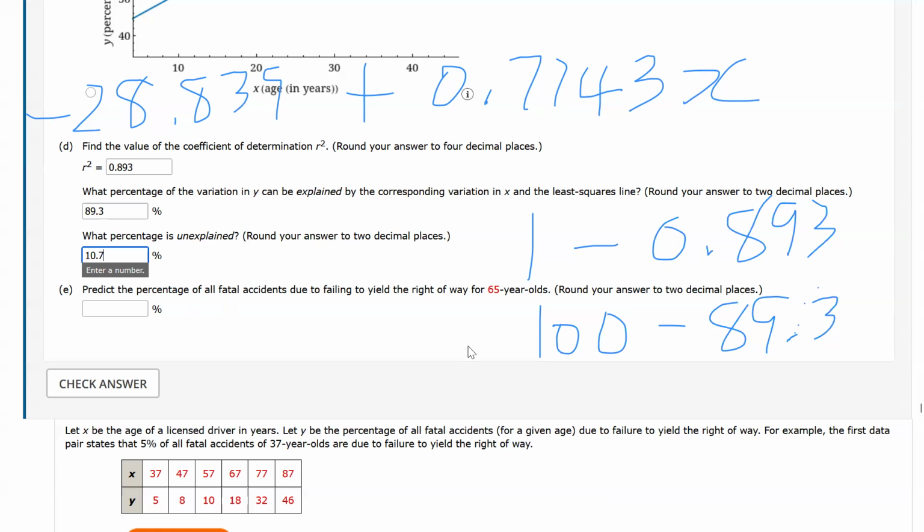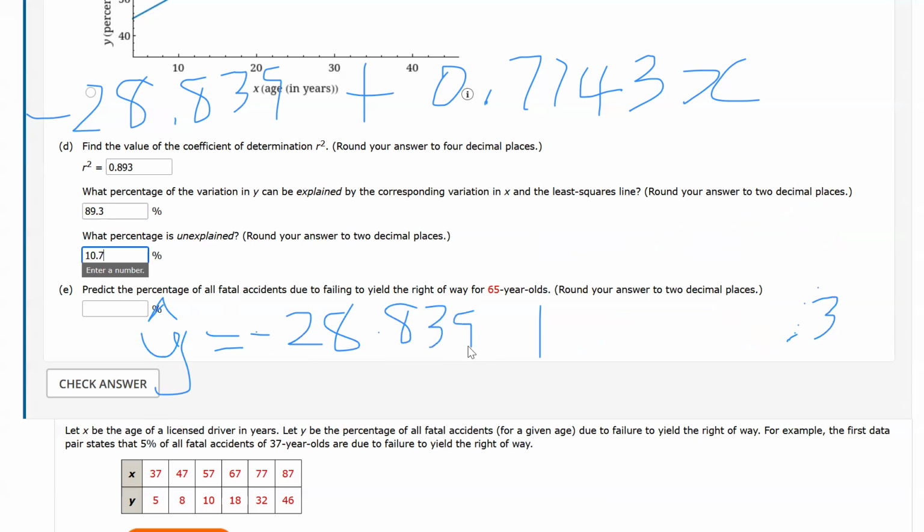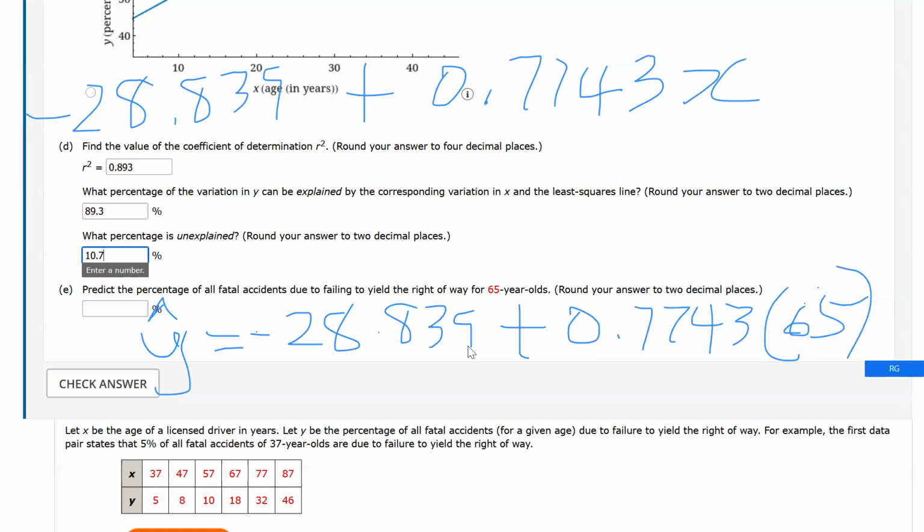So you're going to do your y equals negative 28.839 plus 0.7743 times x. And it says the age is 65. And then you solve that with a calculator to know what you're getting. And that's it. And that's about it.